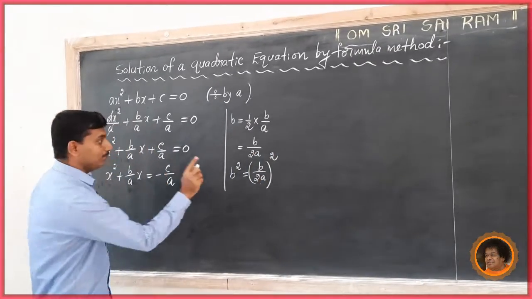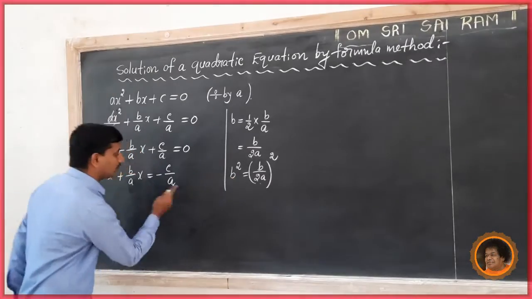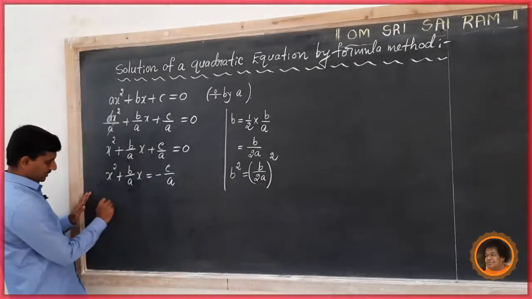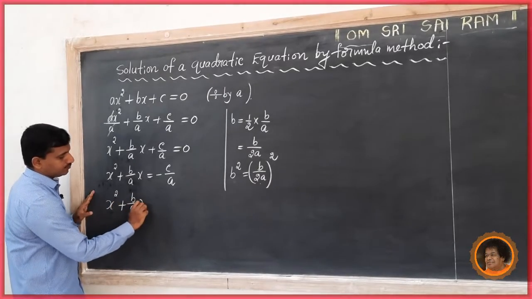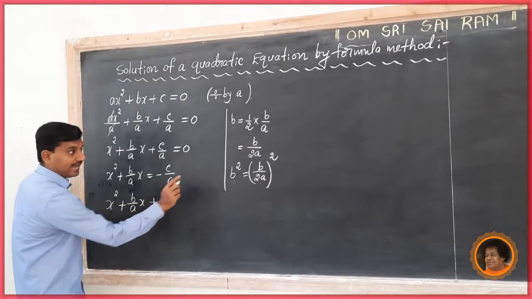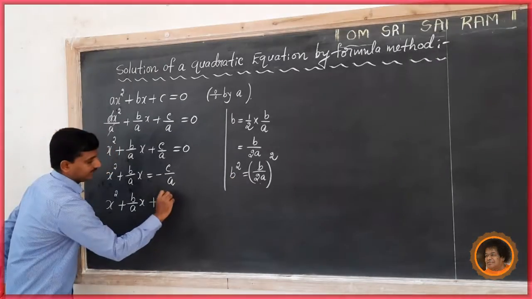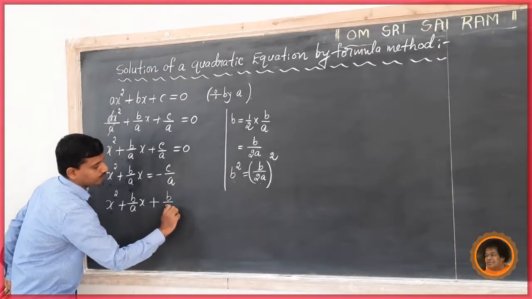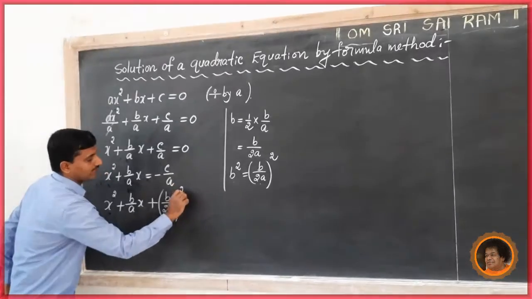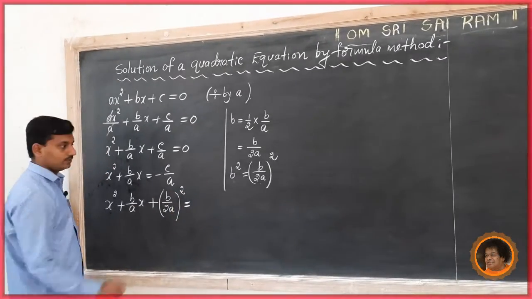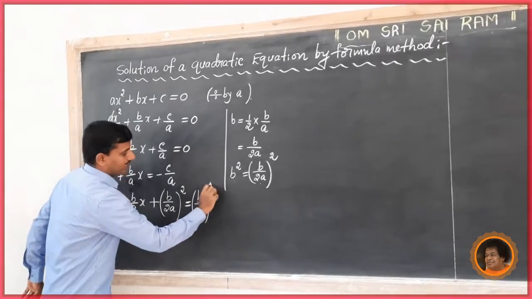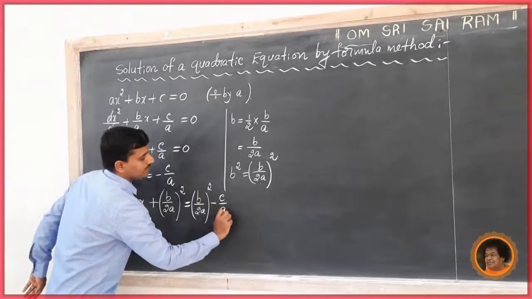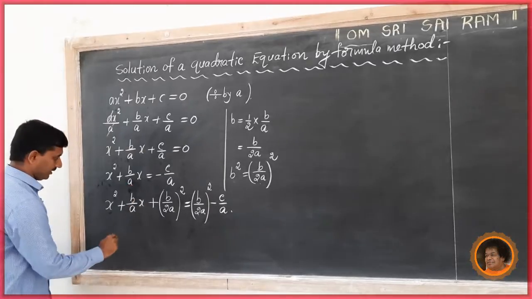Now, add this value to both the sides. x square plus b by a into x plus b divided by 2a whole square equal to b divided by 2a whole square minus c by a. Now, simplify.